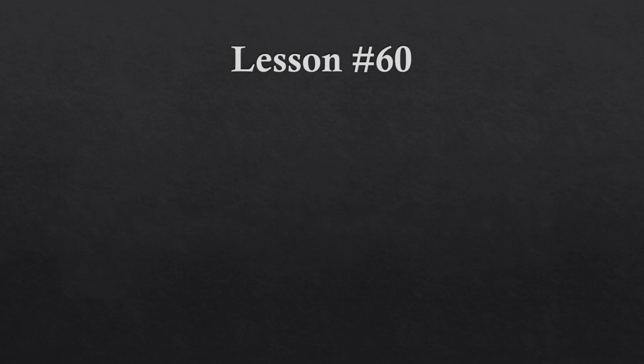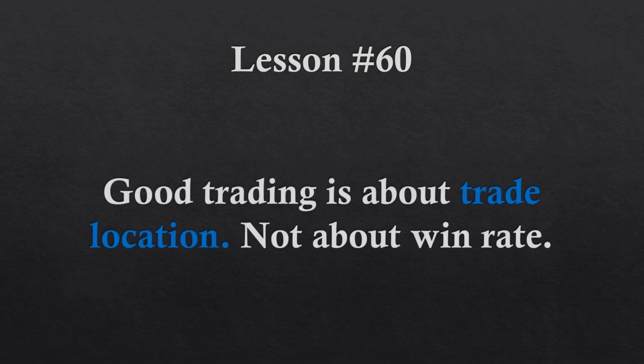Lesson number 60. Good trading is about trade location, not about win rate. On the internet, you often see traders relentlessly looking for a strategy that yields a super high win rate. But the problem is not trying to find a strategy like this. The problem is that this is not what these traders should be looking for at all. Win rate means nothing without the context provided by risk-reward ratios.